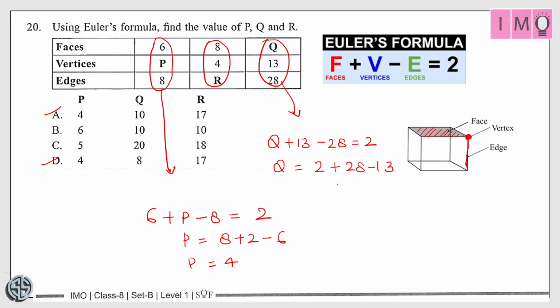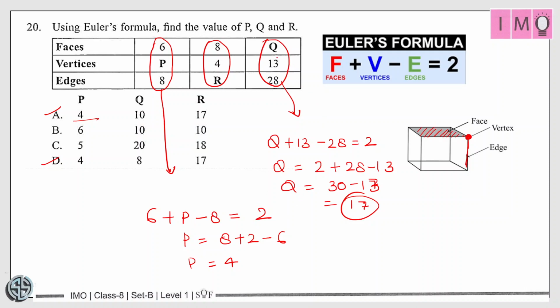So you will get 30 minus 13, and you will get the value of Q as 17. Okay, so you can see the value of P is 4 and the value of Q is 17 over here.